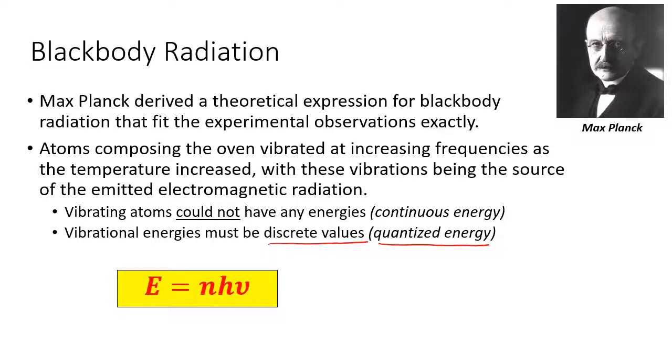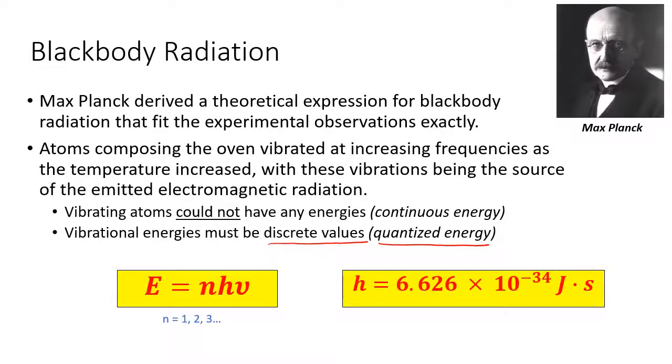The equation that he developed is E equals nhν, where n is some whole number, 1, 2, 3, etc., and h is a constant called Planck's constant. It has the value of 6.626 times 10 to the negative 34th joule seconds.